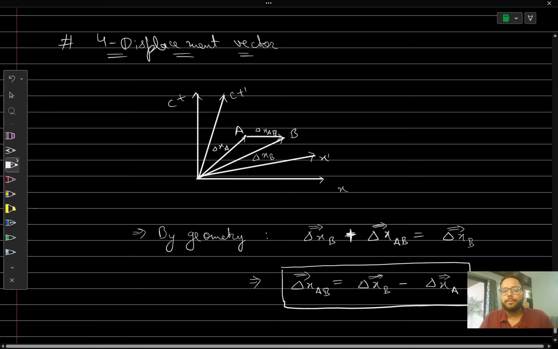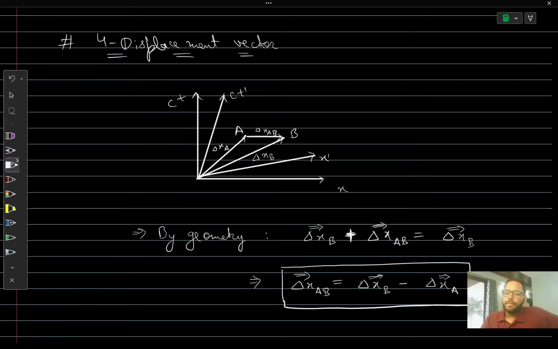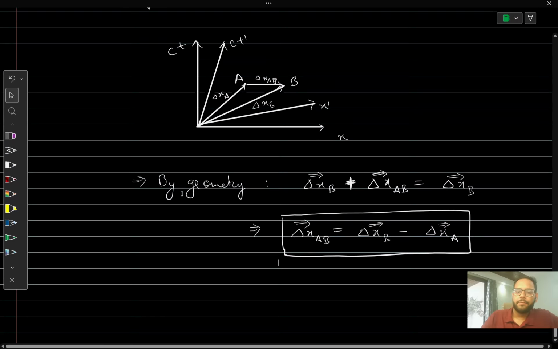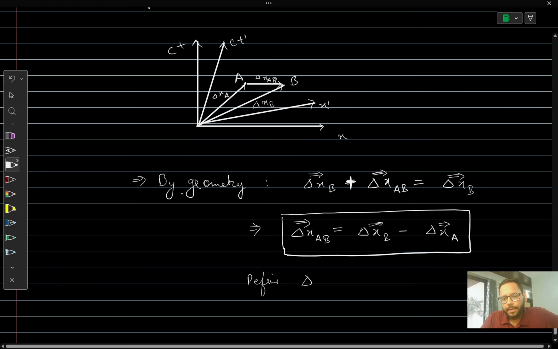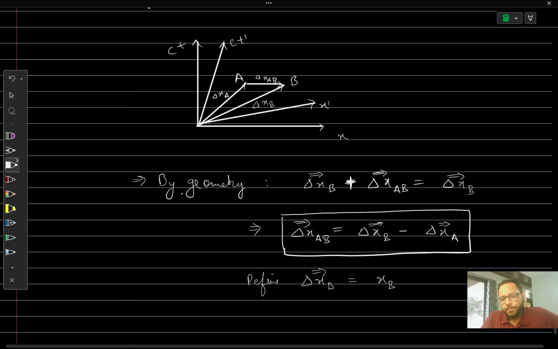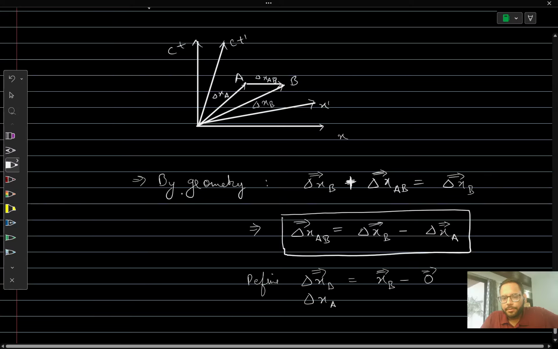Why I am writing del of x_B and del of x_A, there is no difference, but you can define x_B as the position vector of B minus the position vector of the origin, and you can define this as the position vector of A minus the position vector of the origin.